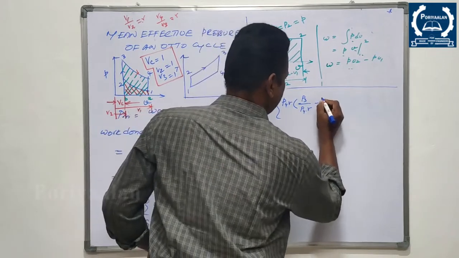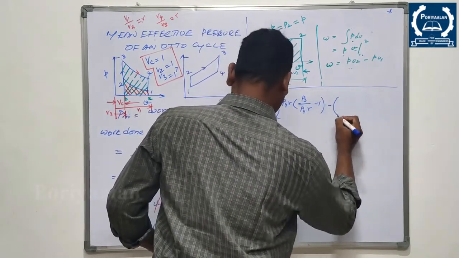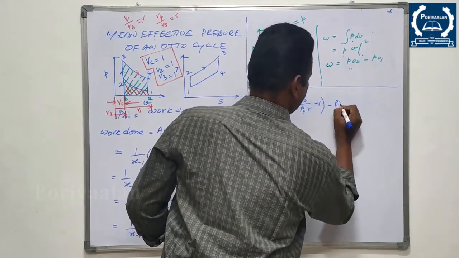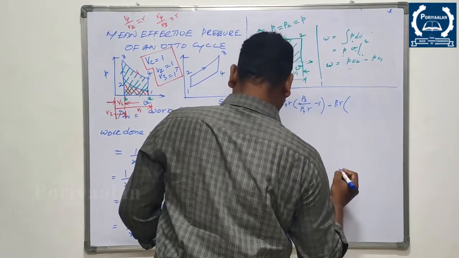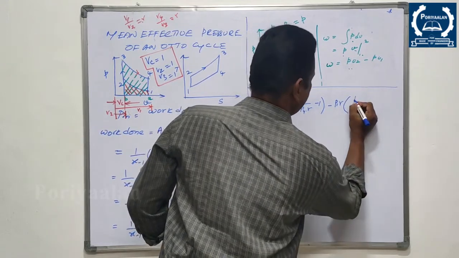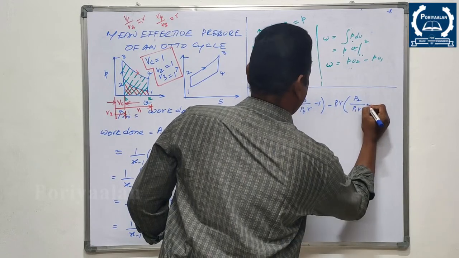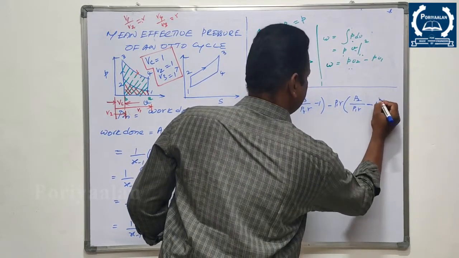Minus 1 minus of, from these two I am taking P1R outside, so you will get P2 by P1R minus 1.